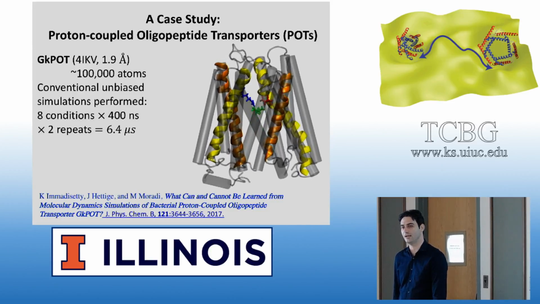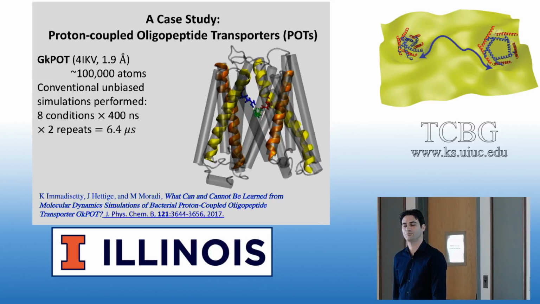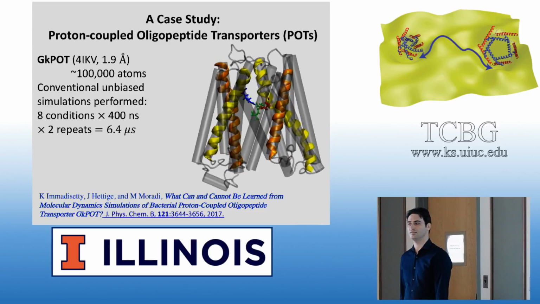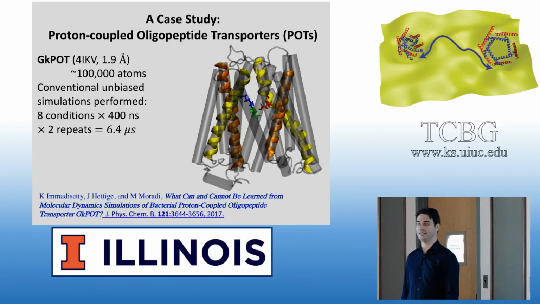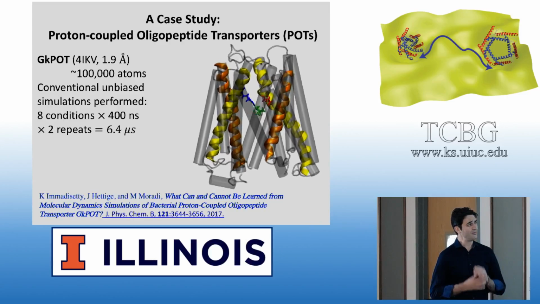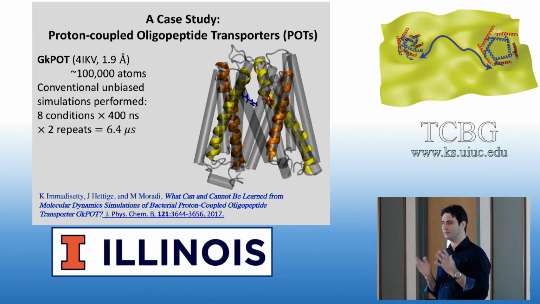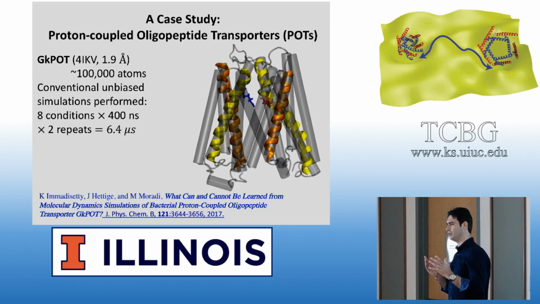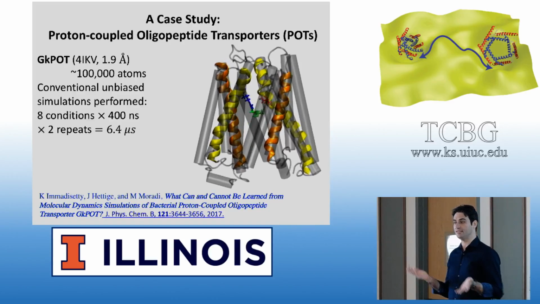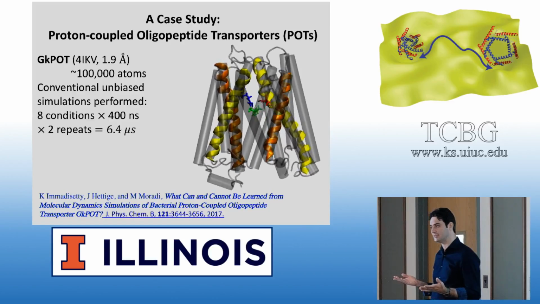We would like to see how the proton flow or proton binding and unbinding is coupled to the larger scale conformational change of this protein, and how that is coupled to the transport of the peptide. Now, the chemical events that we are interested in include binding of a proton to the binding site, binding of a substrate.